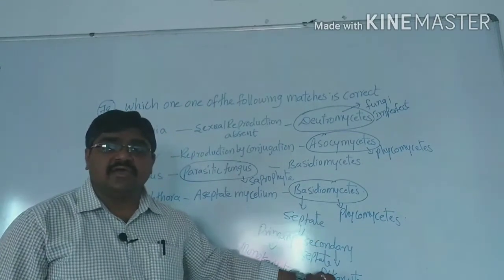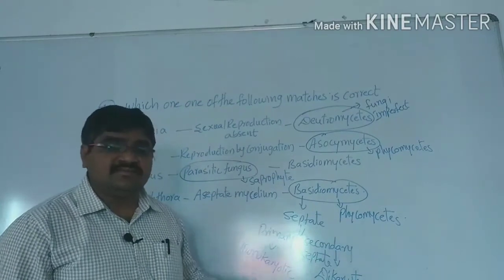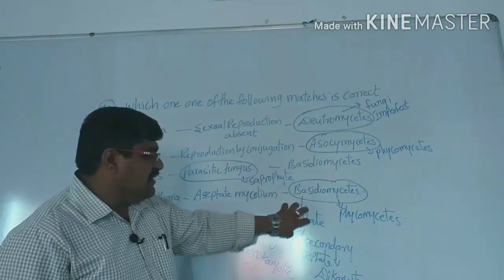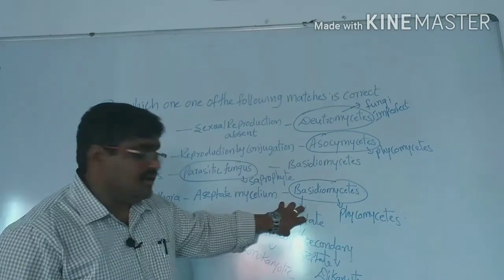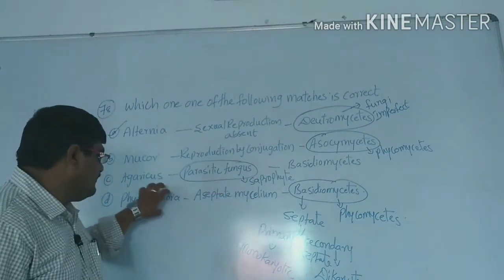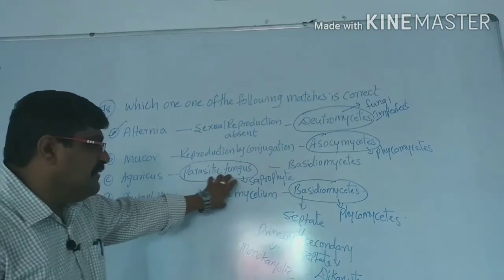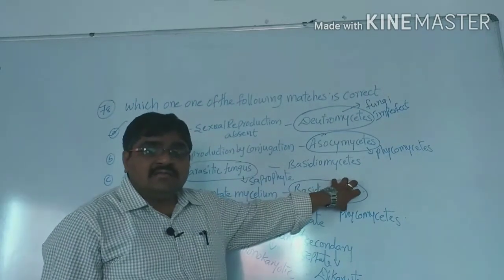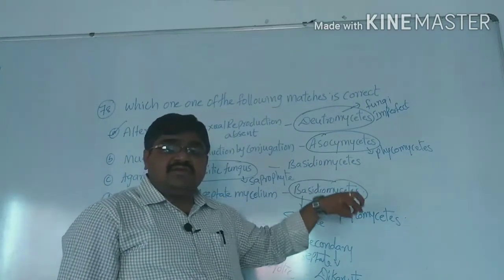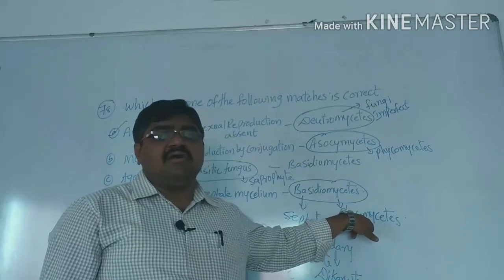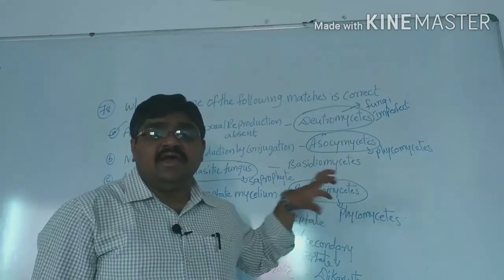Di means two, karyote means nucleus, so it has two nuclei in the septate. So Basidiomycetes show a septate, not an aseptate mycelium. Phytophthora is an example that has aseptate mycelium, but it is not in the class Basidiomycetes; it is included in the class Phycomycetes. If it is Phycomycetes, it belongs to the correct options.